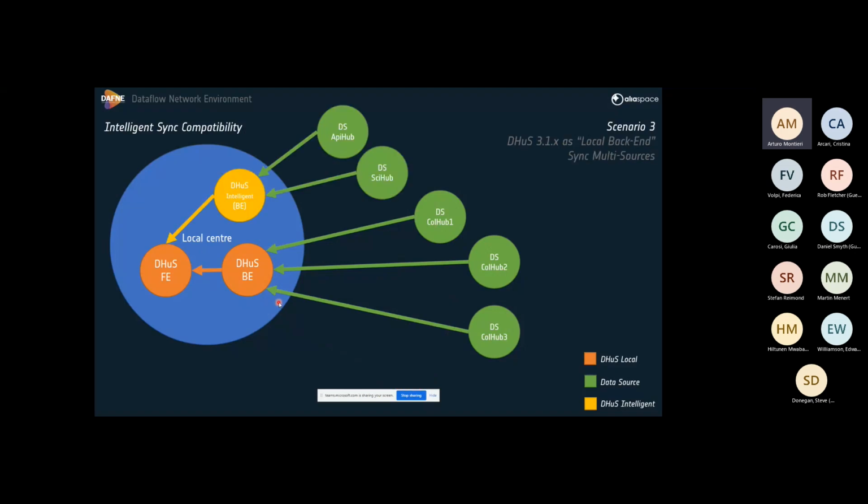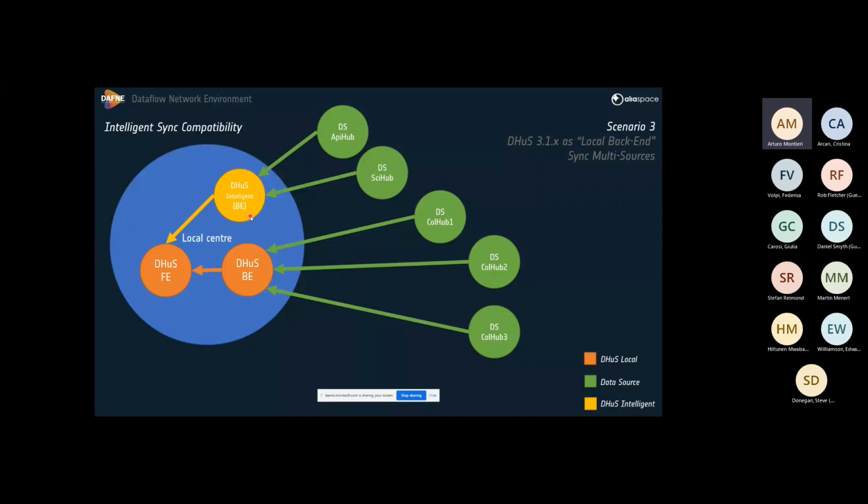And finally, the third scenario is a little bit more complicated. In this case, we try to configure the DHIS2 Intelligent instance as an additional backend inside our local center. So we will see in the map three different collabs instances and two additional synchronizers.